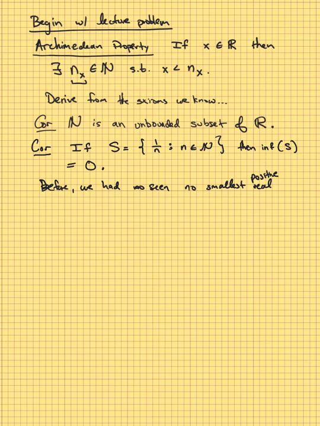But this is saying something a little stronger, which is that if you look at the set 1 over n, there's no smallest real number which is smaller than all of these except for 0. Okay? And this really relies on the Archimedean property. Maybe I'll just draw you the picture of what this set looks like.